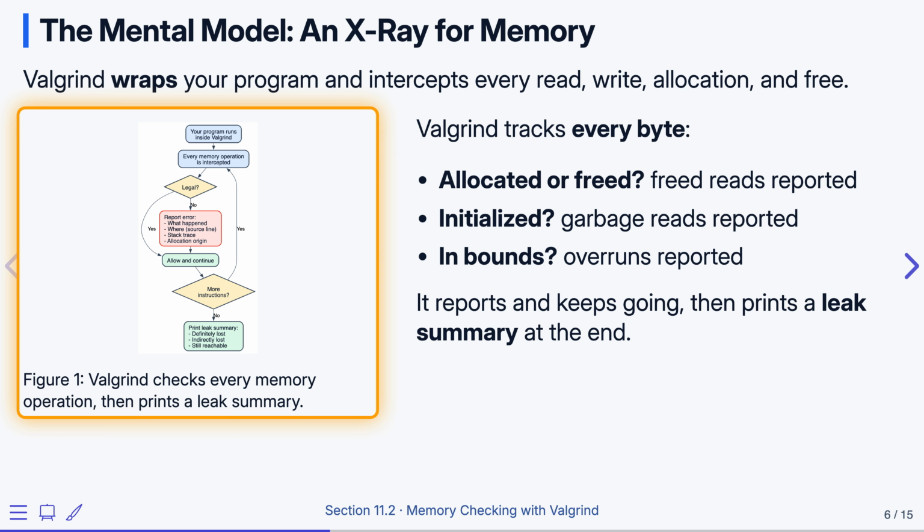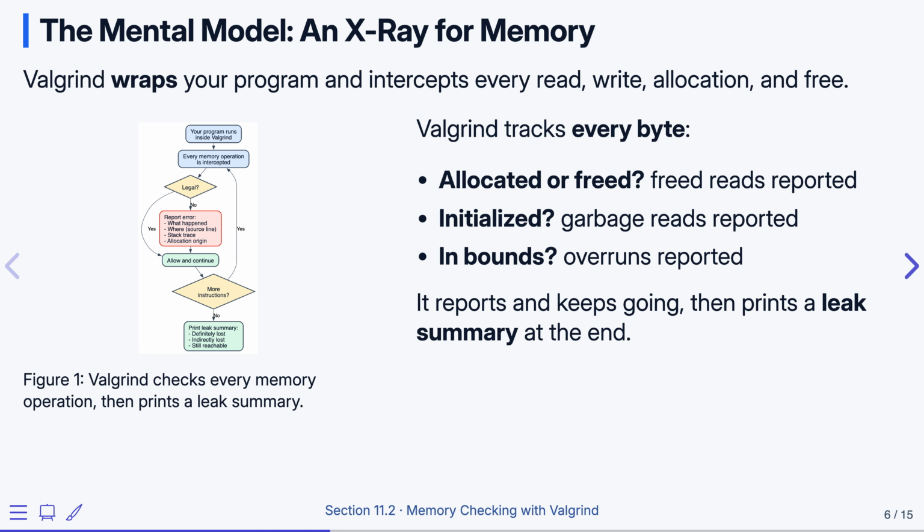Is it initialized or not? Is the access in bounds or out of bounds? If any check fails, Valgrind reports it and keeps going, then prints a leak summary at the end. The trade-off is speed. Valgrind makes your program run 10 to 50 times slower, which is fine for debugging but not for production.